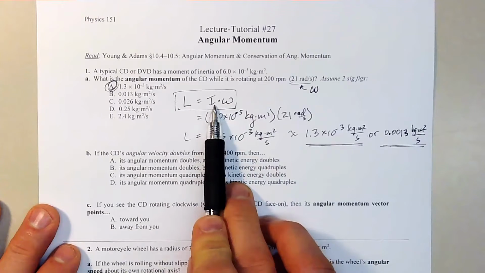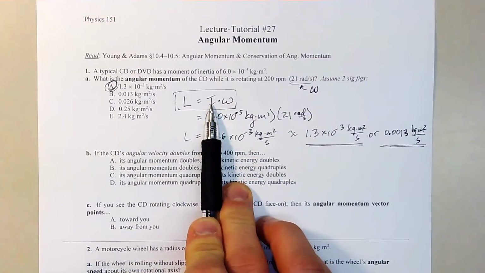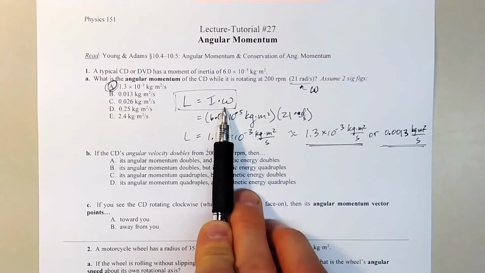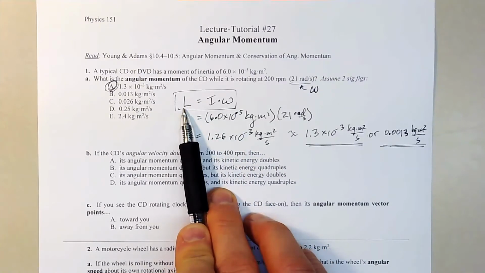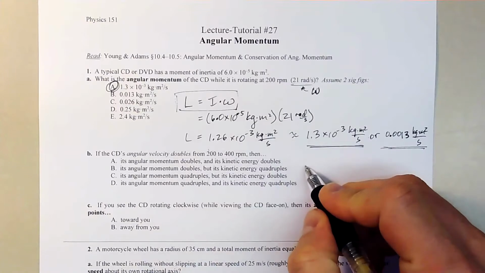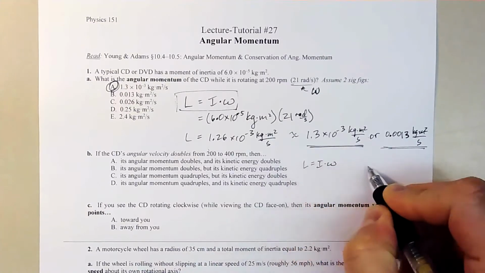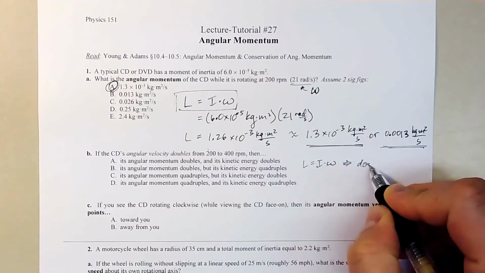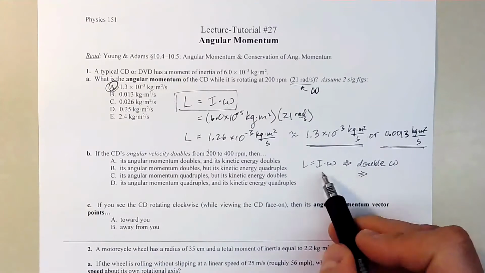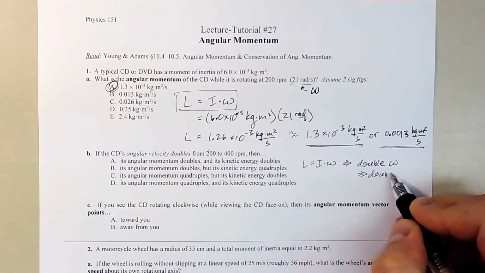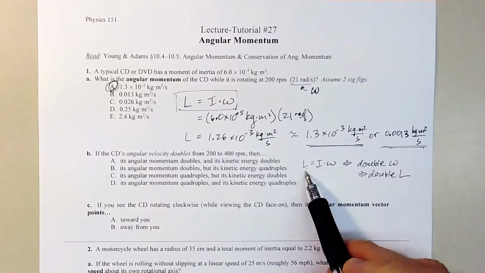If the moment of inertia of the CD doesn't change, radius, mass, distribution of the mass, if all that's fixed, as it is for all CDs and DVDs, then doubling the angular velocity will do what to the angular momentum? Well, if we double the value of omega, then that means that we will double the value of the angular momentum L.